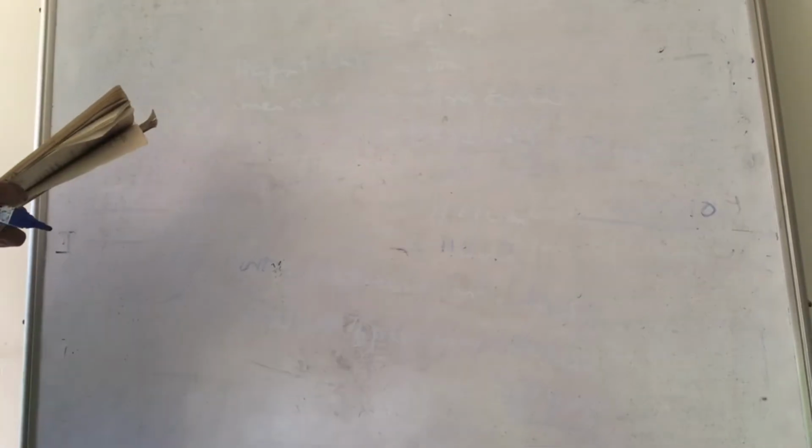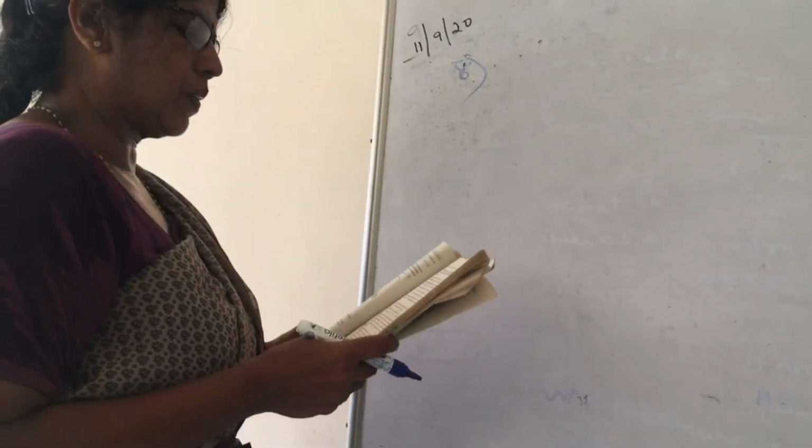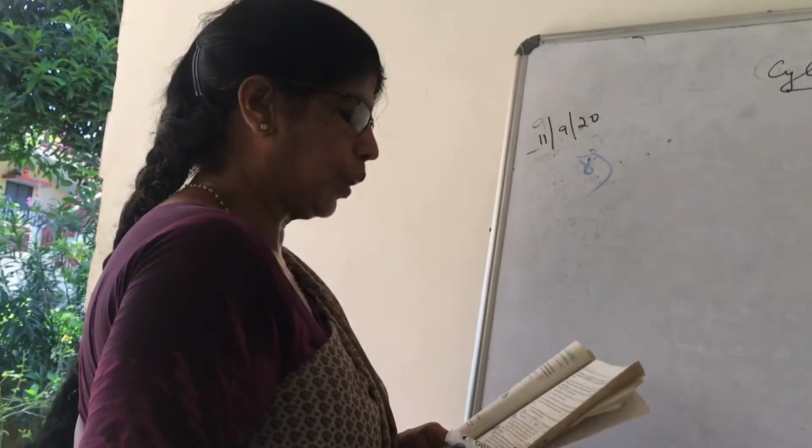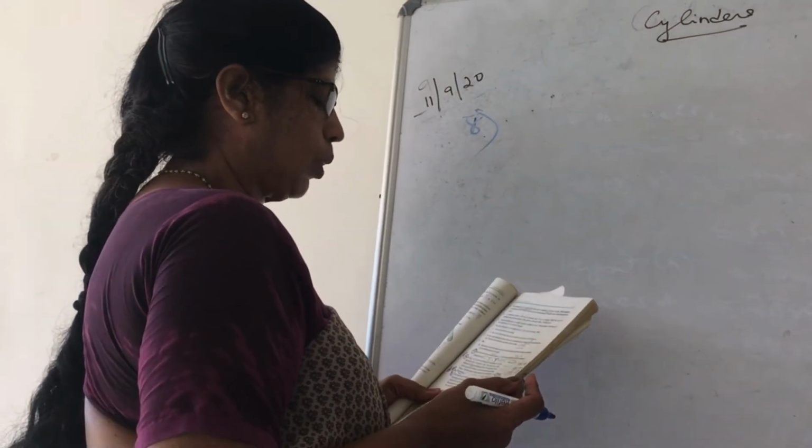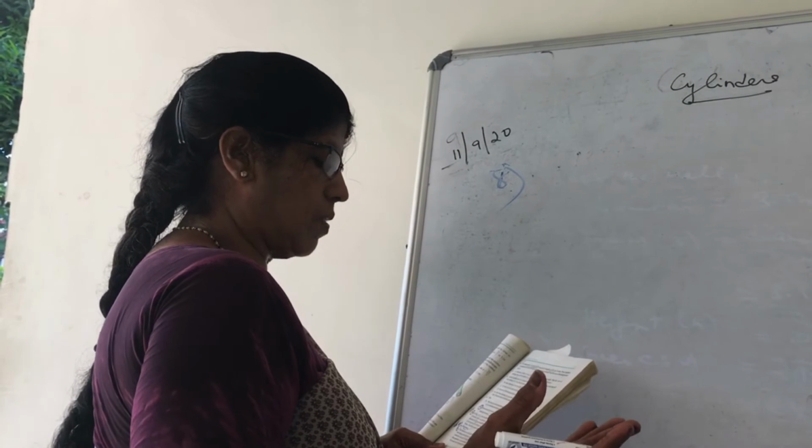Eighth sum, girls. In a hot water heating system, there is a cylindrical pipe of length 28 meters and diameter 5 centimeters. Find the total radiating surface in the system. You know, hot water system means the electric geyser.